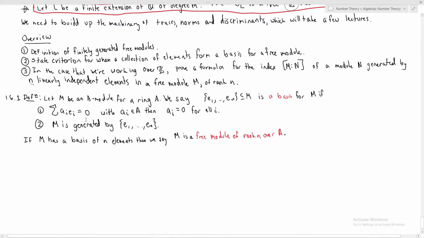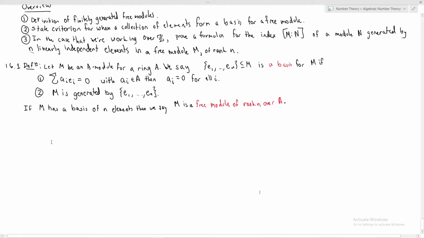So every vector space has a basis, and the dimension is the rank.